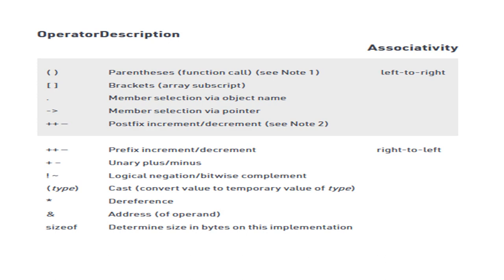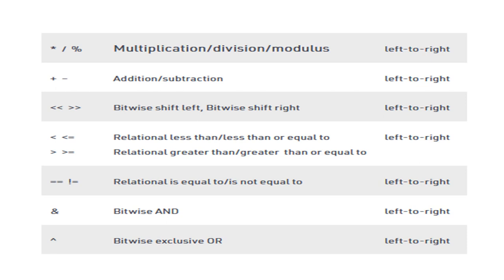The first group is left to right, and from pre-increment onwards, it is right to left associativity.